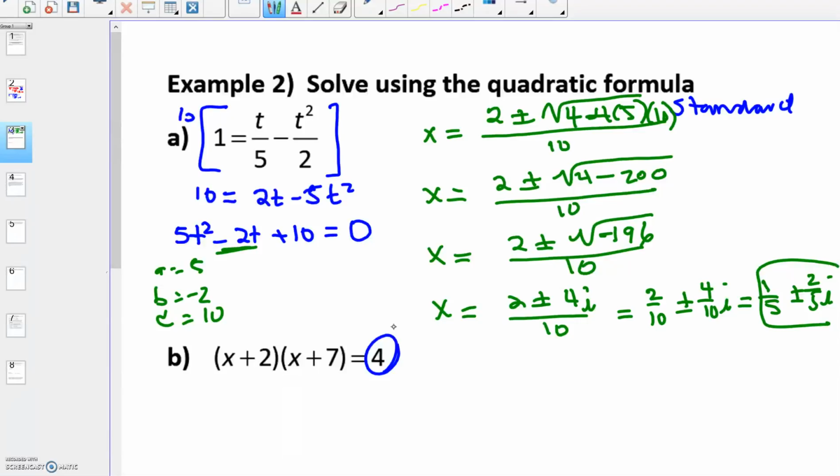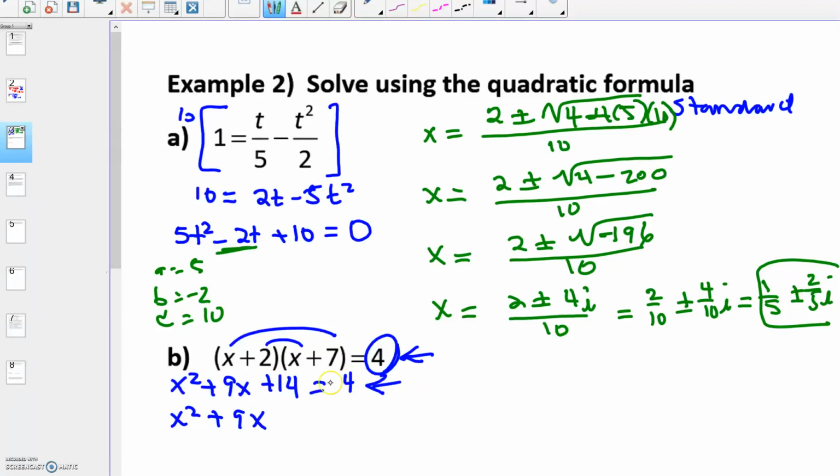So if that is not a 0 right here, then I'm going to need to change it to standard form. So working towards that, I need to distribute. So I'm going to get x squared plus 7x plus 2x is plus 9x plus 14 is equal to 4. Then I want a 0 at that 4 spot, so I'm going to subtract it and get x squared plus 9x plus 10 is equal to 0.